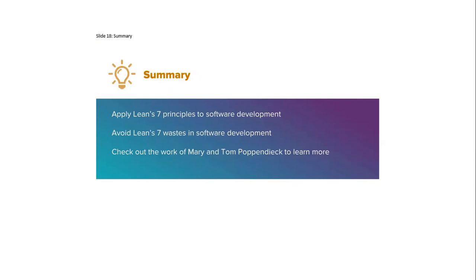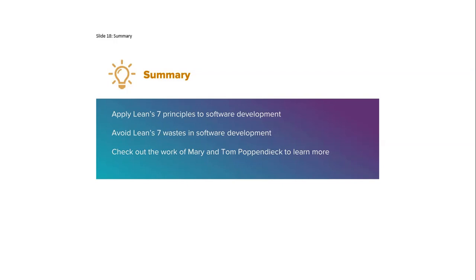In the previous lecture we discussed the 7 principles, and here we have already discussed the 7 wastes. Those are the 7 principles and wastes of lean as they are applied to a software development team, and the waste that may be applicable to software development.